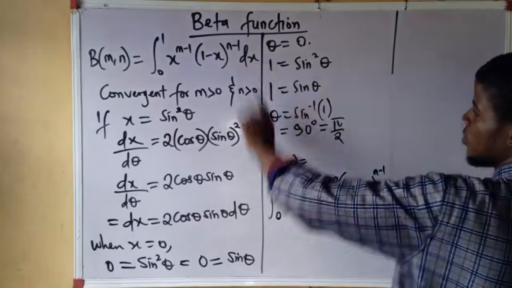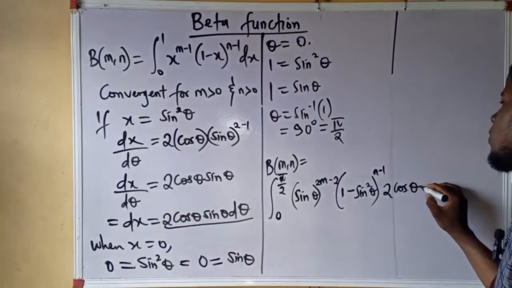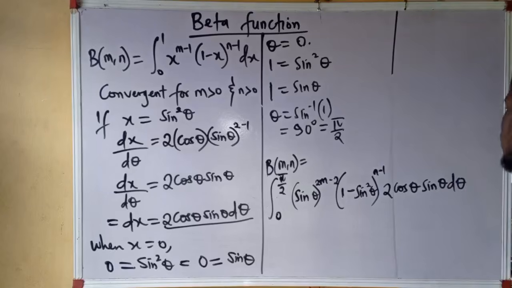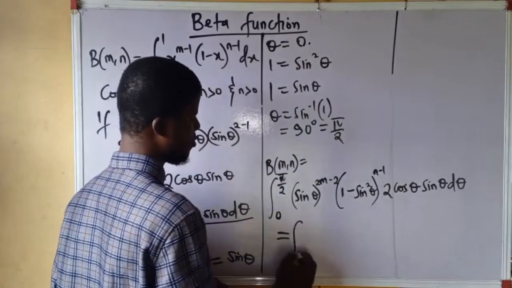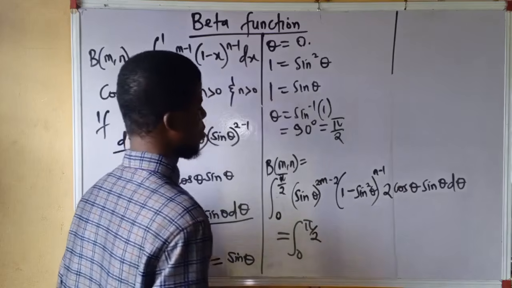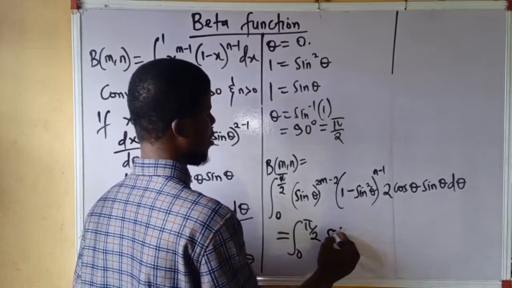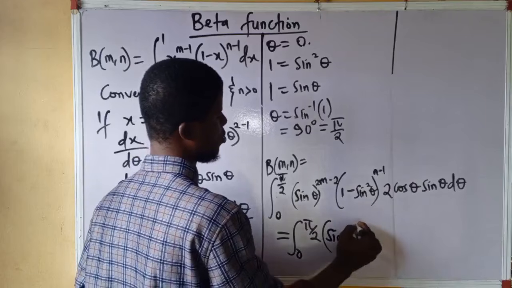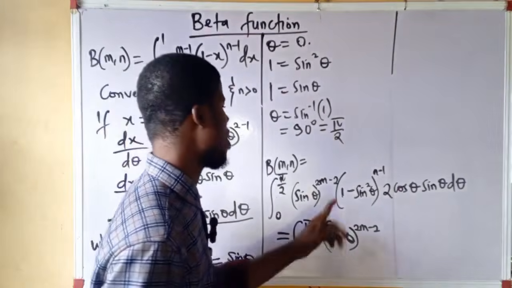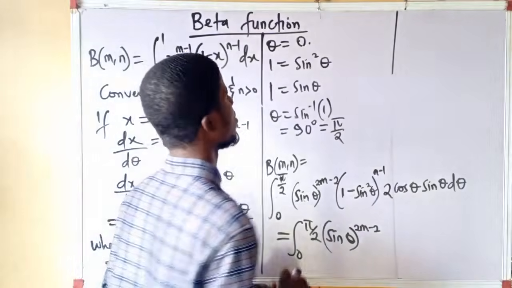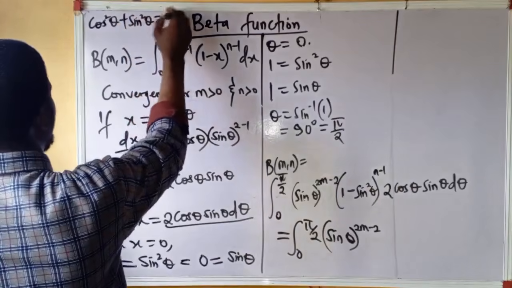Okay, what is dx? Dx is equivalent to this, that is 2 cos theta sine theta d theta. Yes, let's go ahead. So beta of m and n is the integral from 0 to pi over 2. Let's leave it as it is, sine theta to the power of 2m minus 2. Okay, in trigonometry, 1 minus sine squared theta is equal to cos squared theta. It says that cos squared theta plus sine squared theta is equal to 1.